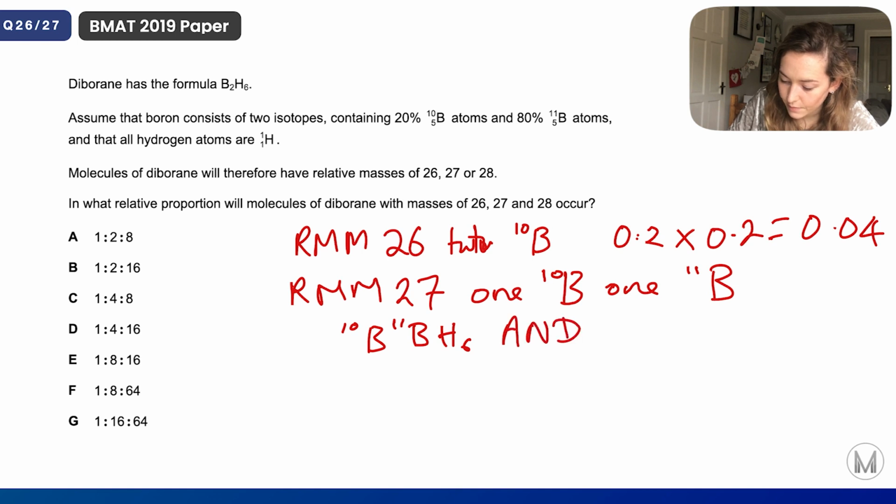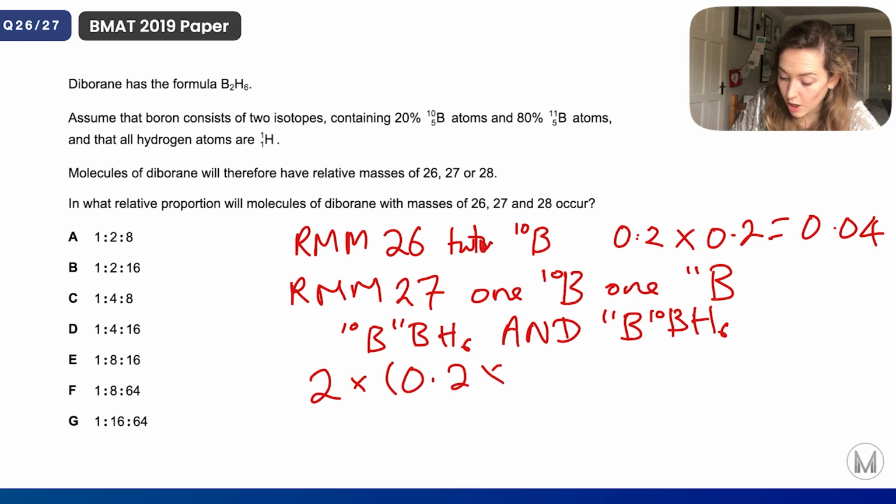So subsequently, our probability is going to be times by 2. So the probability is going to be 2 times 0.2 from the boron-10 times 0.8 from the boron-11. So that gives me 0.32.